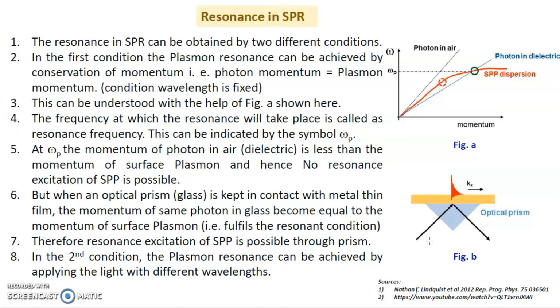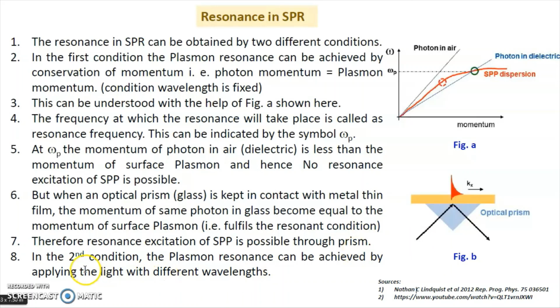Because we are changing the frequency of light, at a particular frequency, what will happen? The frequency of light will get matched with the frequency of the surface plasmon. And when the frequency of the light matches the frequency of the surface plasmon, resonance will take place.